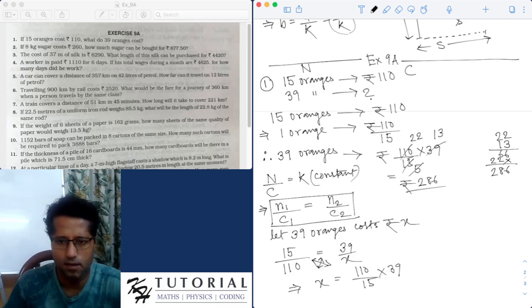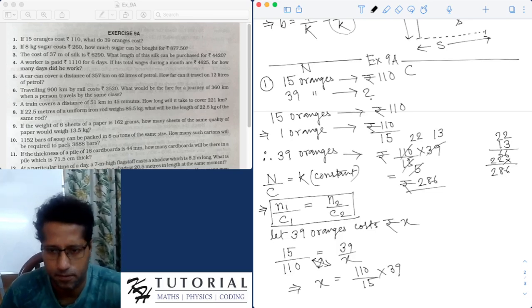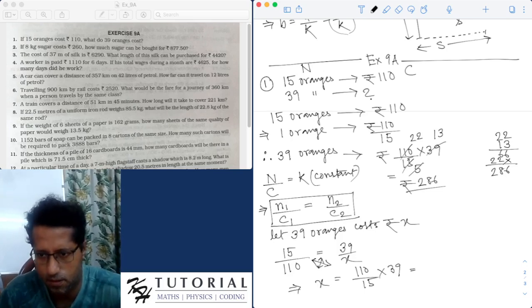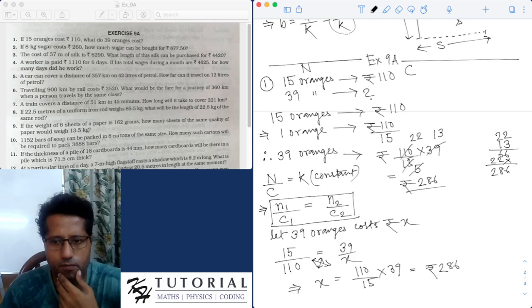This is exactly the expression that we solved using the unitary method. So this is nothing but rupees 286. So these are the two ways you can solve this kind of problem.